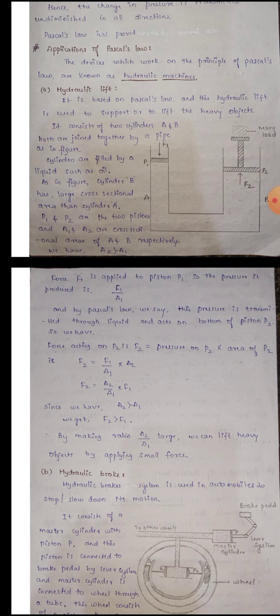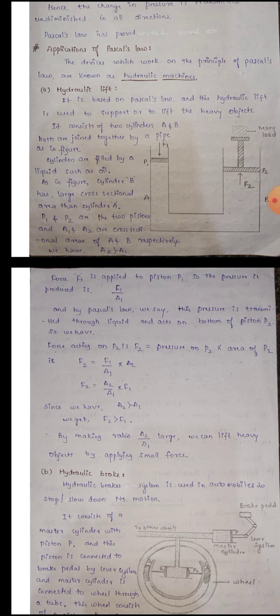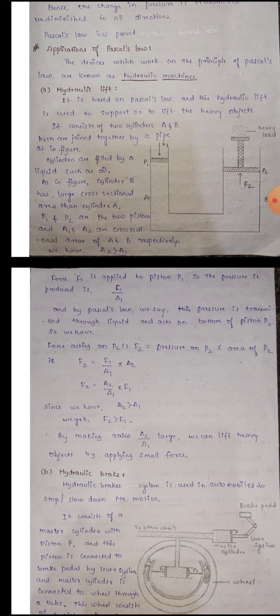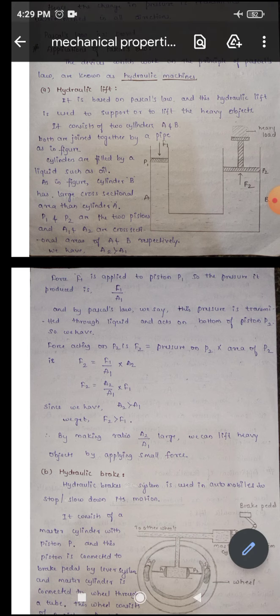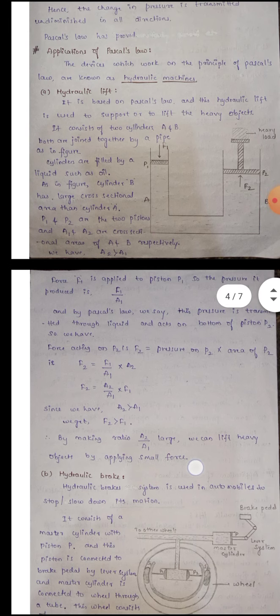So we will get F2 greater than F1. By making the ratio A2 by A1 large, we can adjust these ratios. So by making the area of cross section of the second cylinder so much greater than the first cylinder, we can lift heavy objects by applying a small amount of force.